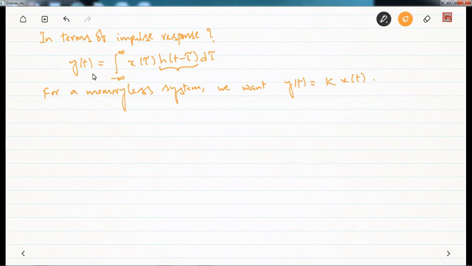See, we know that this is the input output relation of an LTI system, and we want this y of t to be equivalent to k into x of t. So in that case, what should be this h of t? If you do some reverse engineering, it's very trivial.